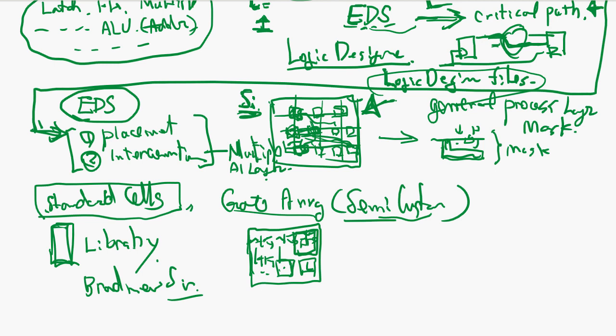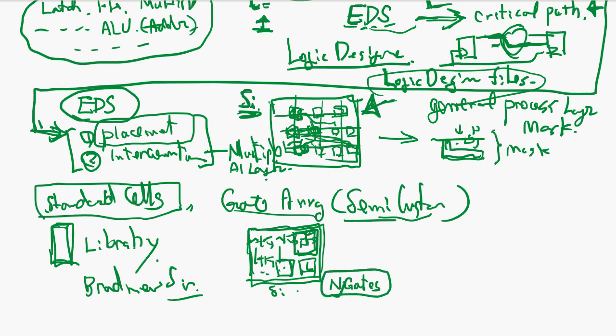So what you do is, placement you don't need, and generating masks other than interconnection is not needed. The silicon chip is already made, and there are a certain number of gates you can use.